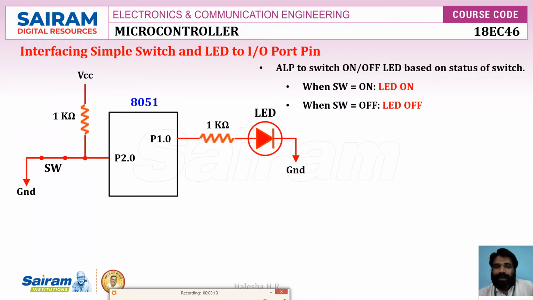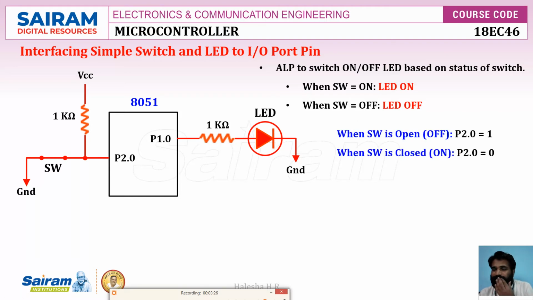Now we'll write an ALP to switch the LED on or off based on the status of the switch. Let's say when the switch is on, the LED is on, and when the switch is off, the LED is off. As we know, the switch is off when P2.0 is 1, and switch on means we receive P2.0 as 0.